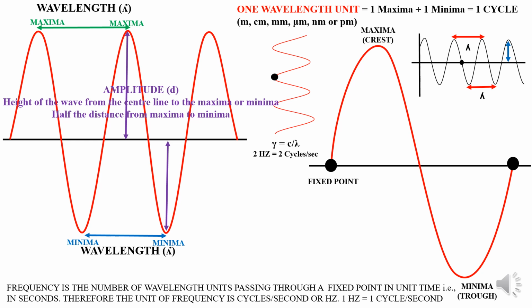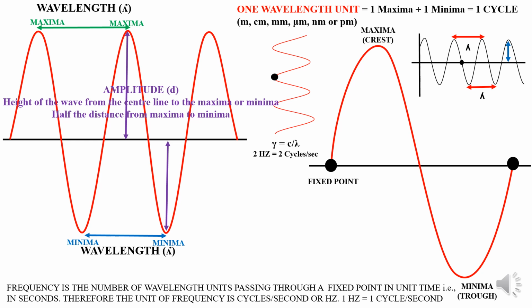So per second, you can see that 2 cycles have passed through this given fixed point. One cycle comprises one maxima, one minima. So the frequency in this case will be 2 cycles per second or 2 hertz. So 1 hertz will be 1 cycle per second, 2 hertz will be 2 cycles per second.